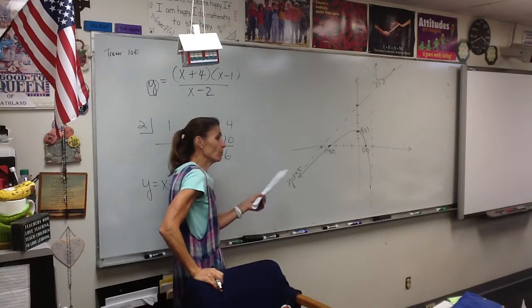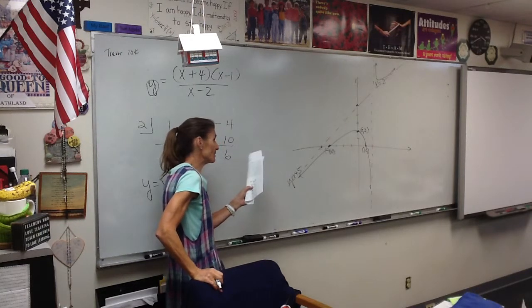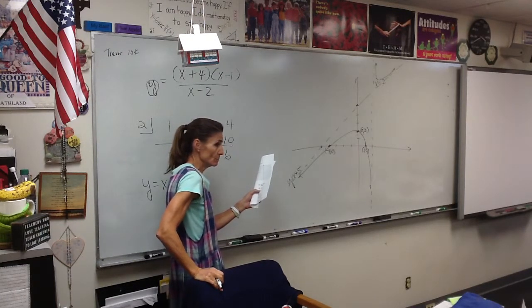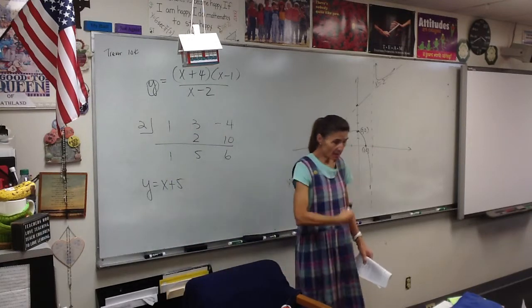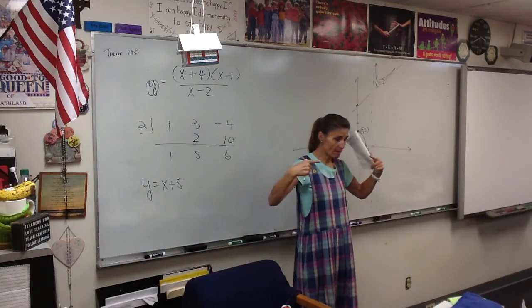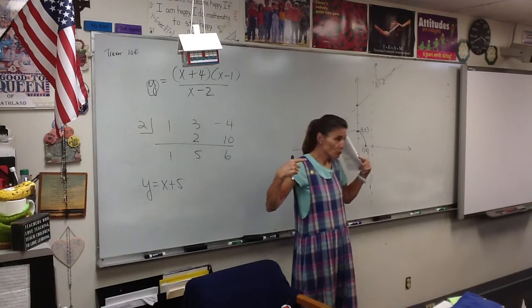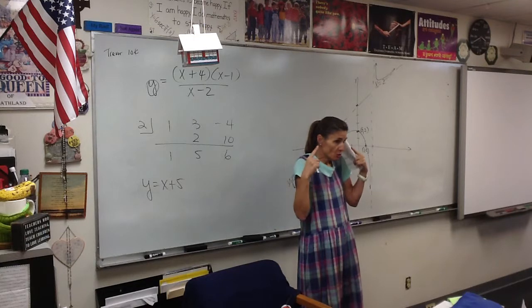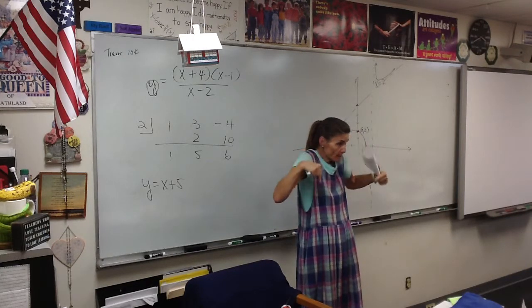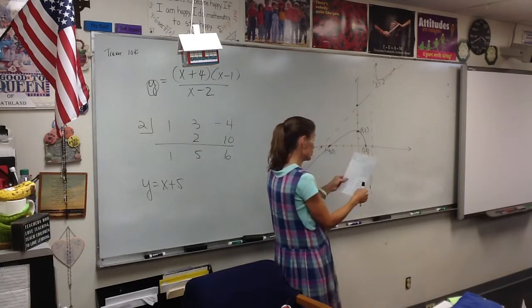Number 8. Now we're approaching 2. Now do we have a dot or an asymptote at 2? All right, so now we got to pay attention because if I'm an asymptote and you're coming at me from either side, you can't touch me, so what are you going to have to do as you come at me? You either go up or you go down. So you've got to just pay attention to your picture.